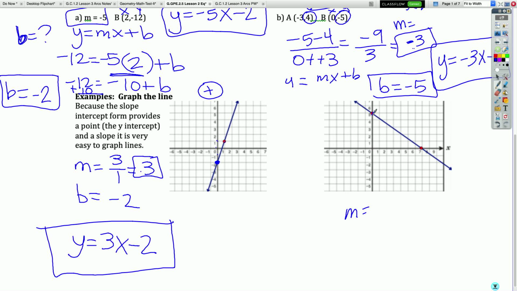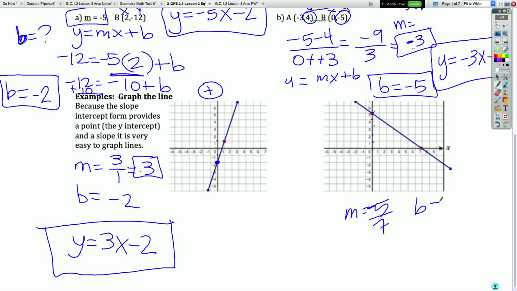So how many did I go down? How many did I count down? 5. Look at your graph and count down. So that should be a -5, and then we went to the right, so that should be a positive number in the x direction. So how many right? 7. So this is a -5 over 7.